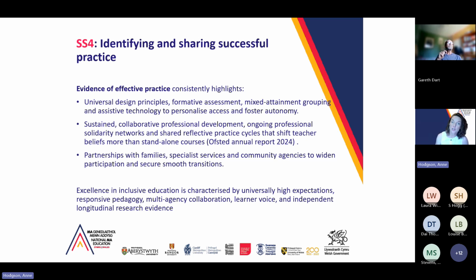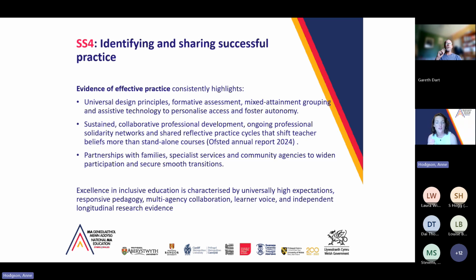And then key partnerships with family and specialist services, really to broaden that participation, all enhanced by increased focus on learner voice.